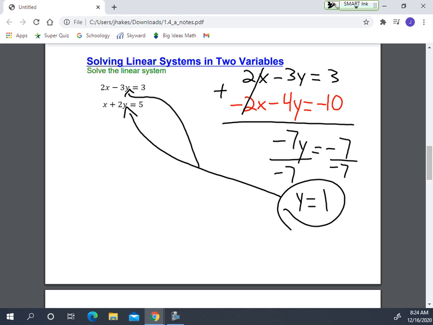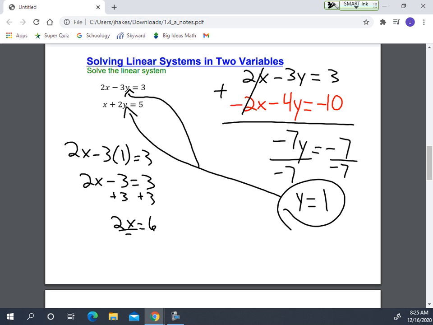We have 2x minus 3 times 1 equals 3. Solve this, I get 2x minus 3 equals 3. I'm going to add 3 to both sides. I get 2x is equal to 6. Divide by 2, divide by 2. X is equal to 3.